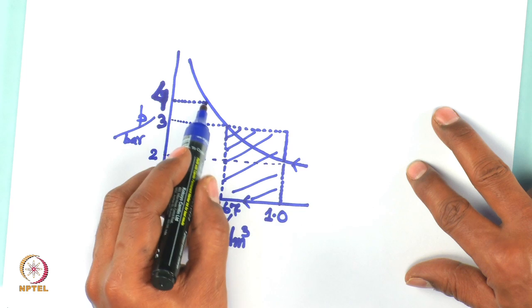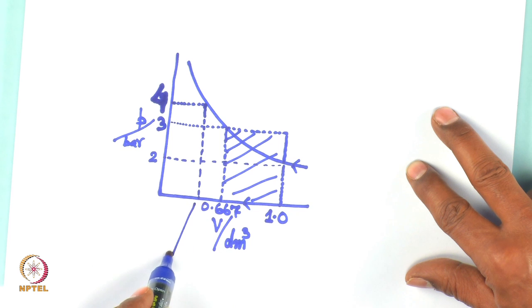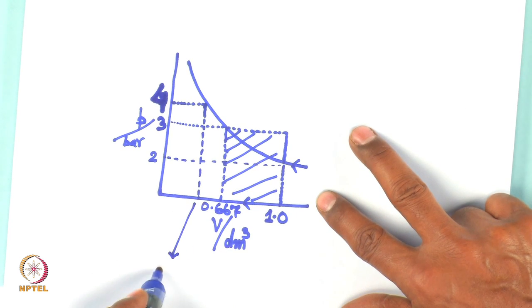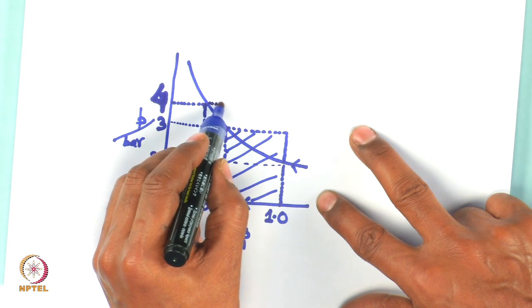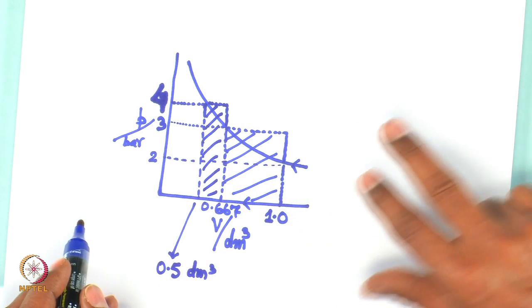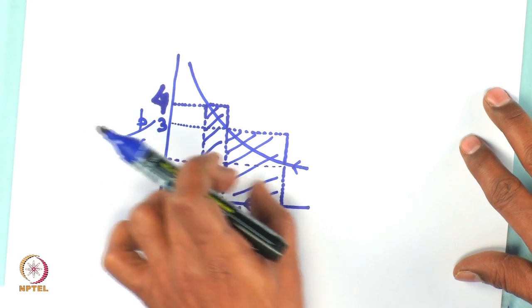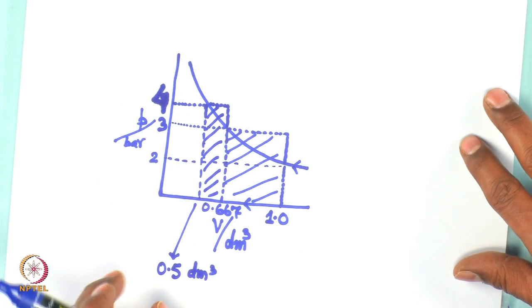So, this volume is 0.5 decimeter cube, and the additional work done is here. So, we need to add these indicator diagrams to calculate the total work done.